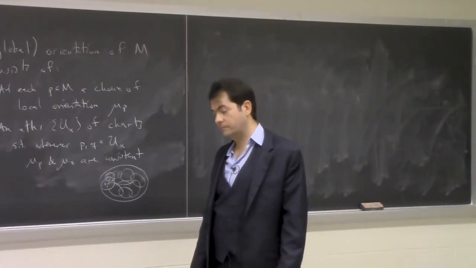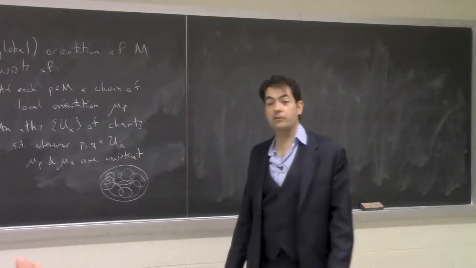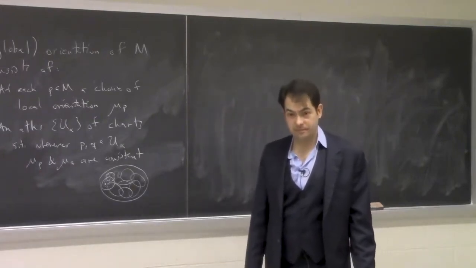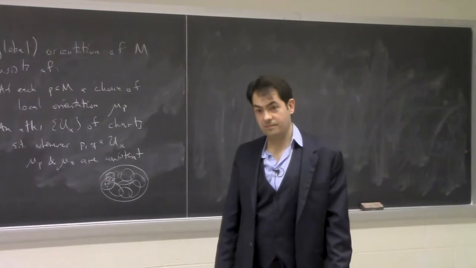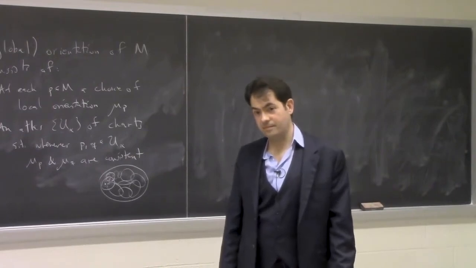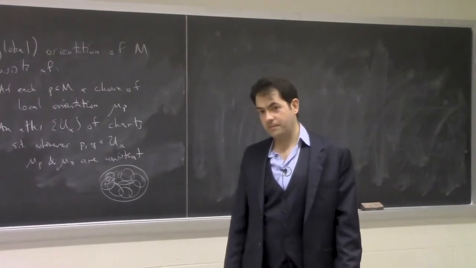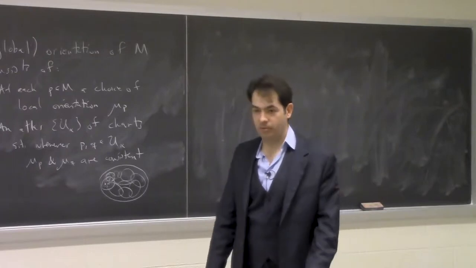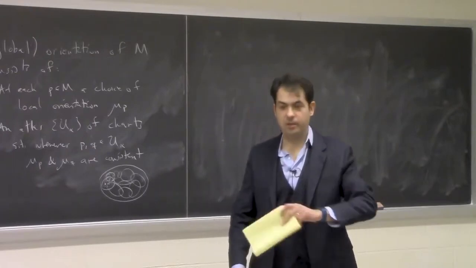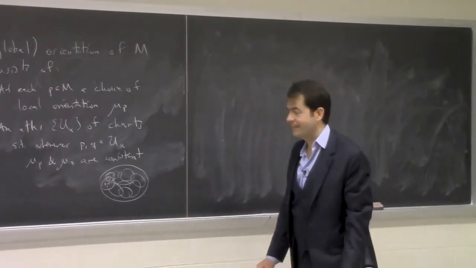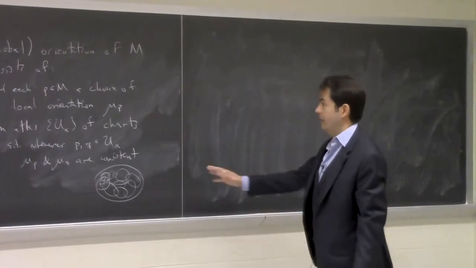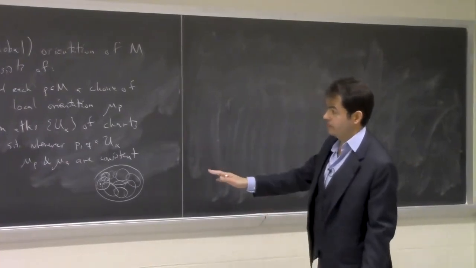Yes. For a smooth manifold, is this definition equivalent to the normal definition of orientation? It is, yeah. I'll say a little bit more about that today, probably. Anyway, that's what it means to be orientable.